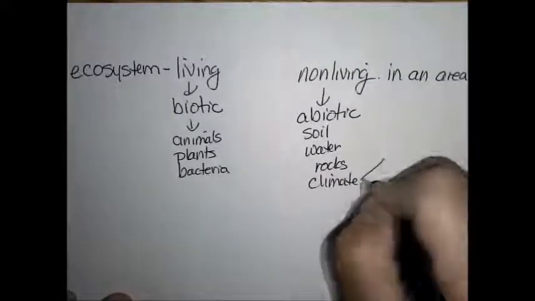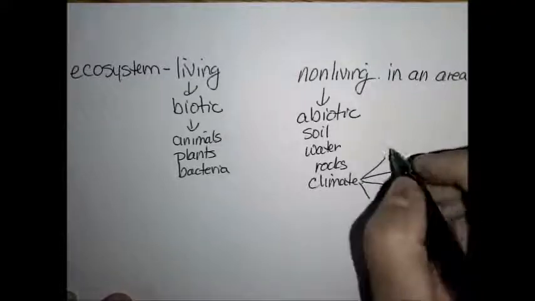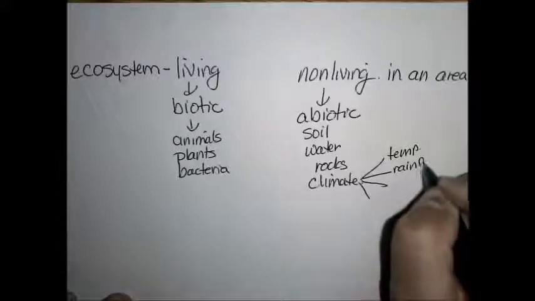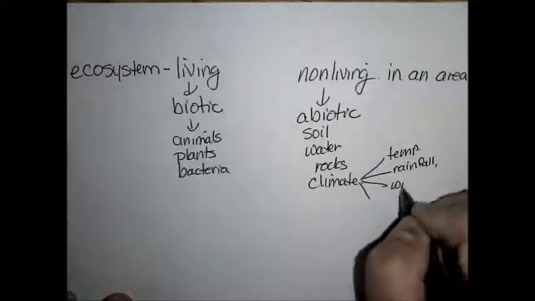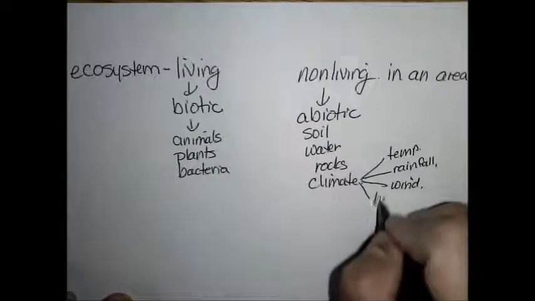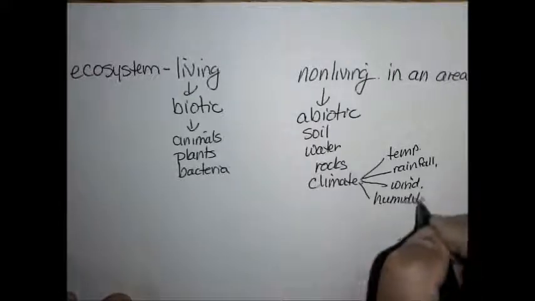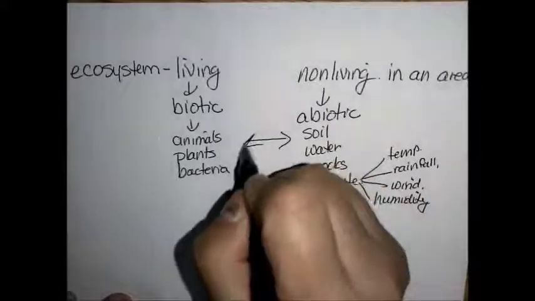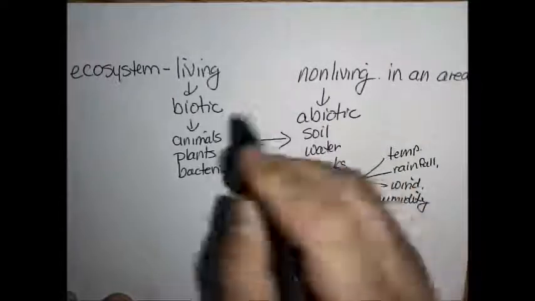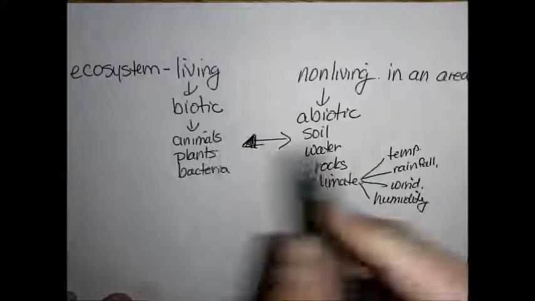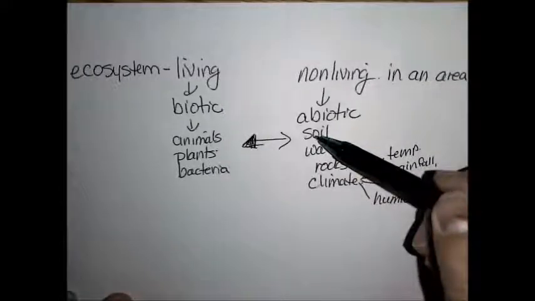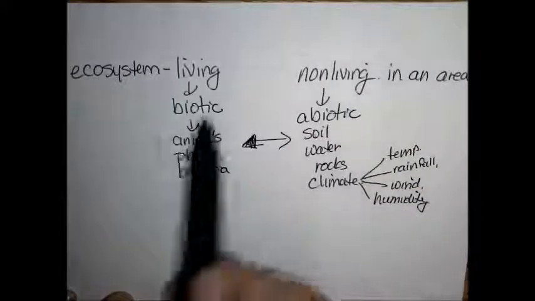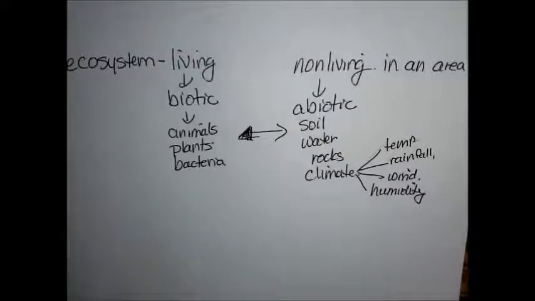And climate includes a lot of things, like temperature, rainfall, wind, and even humidity. Now all of these things are going to interact with one another, and we talked about as populations of these go up, what impacts they have on abiotic, and if abiotic things go down, what can happen to the biotic things the other day.